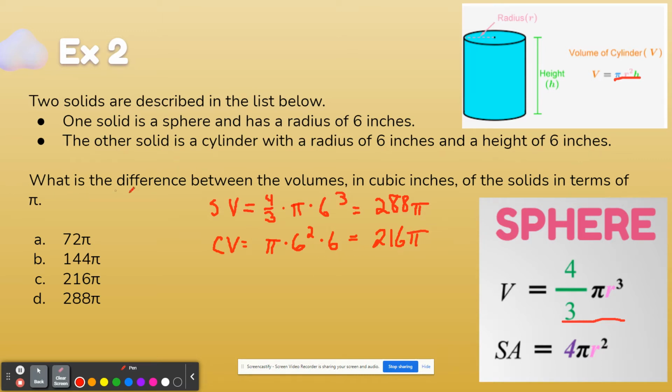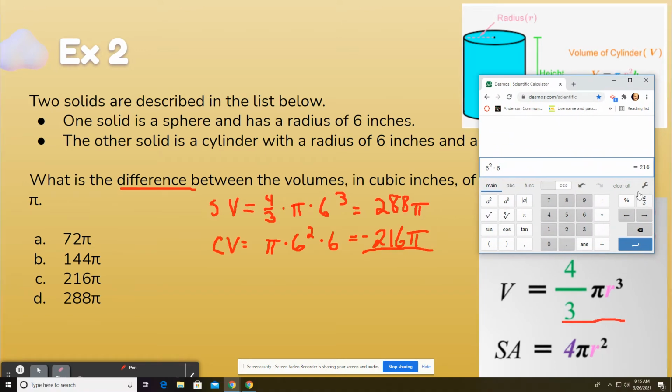And then it wants to know the difference. Difference means to subtract. So we're going to take 288 minus 216, which tells us 72.